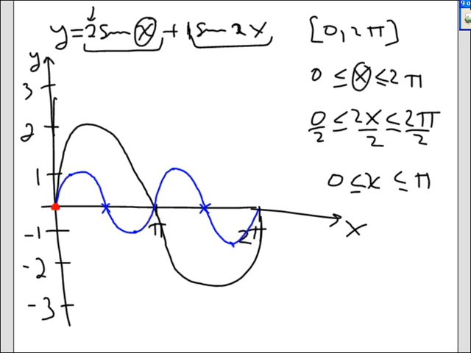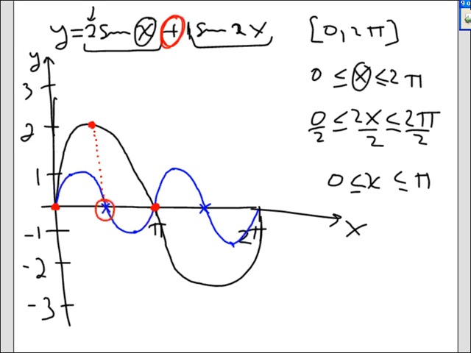Now, for this x value right here, the blue graph is at 0, and the black graph is at 1. 0 plus 1 is 1. So the sum graph is going to be right there. Now at pi, both the black graph and the blue graph are at 0. And when you add them, because it tells me to add them, you get 0.